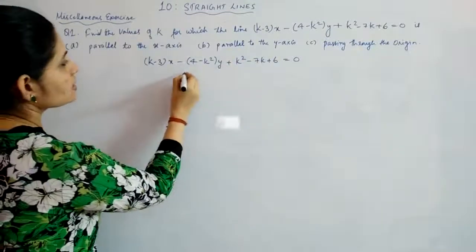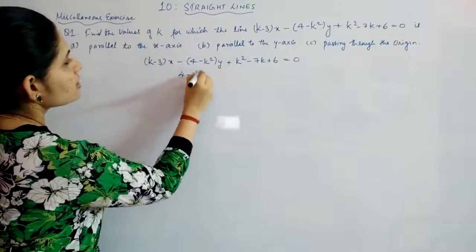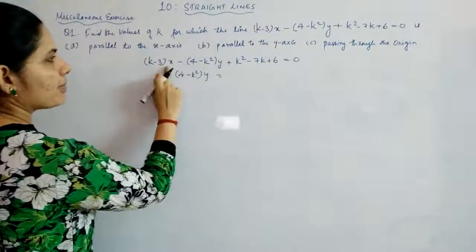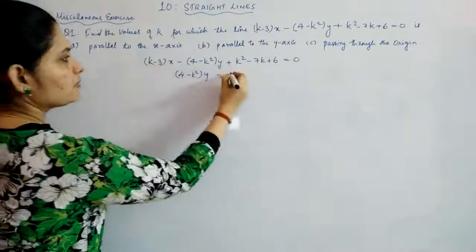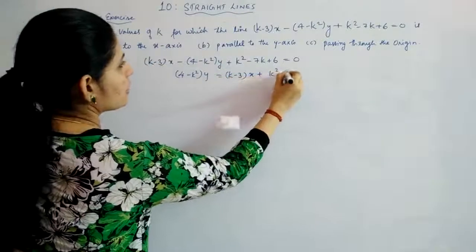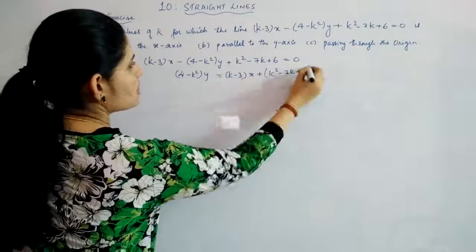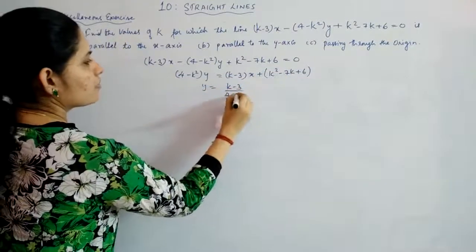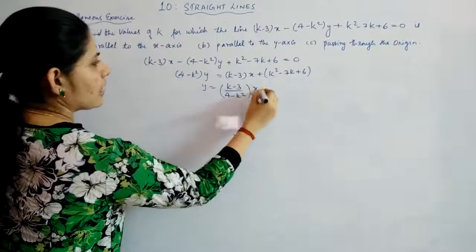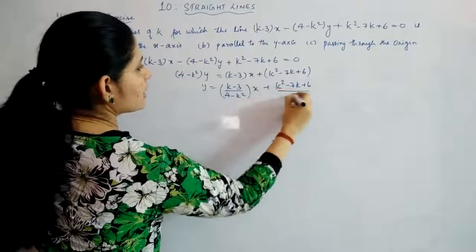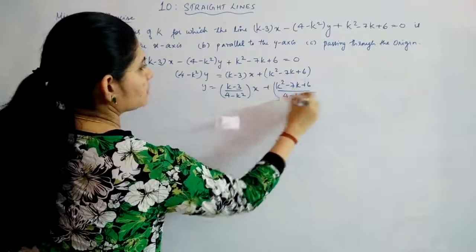So you take the term 4 minus k square into y to the other side, so that you get the x term: (k minus 3) x plus k square minus 7k plus 6, this is the constant. So y is equal to (k minus 3) by (4 minus k square) into x plus (k square minus 7k plus 6) divided by (4 minus k square).